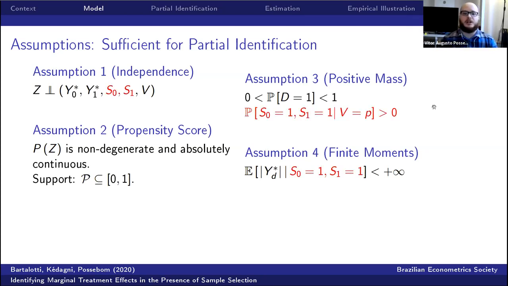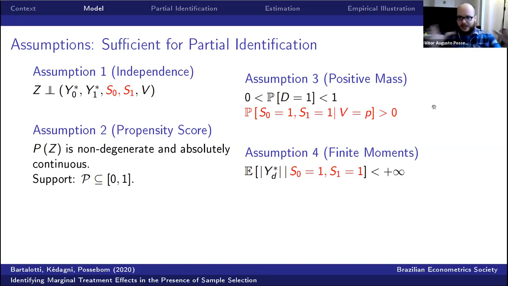And let's cover those new things here. So we assume that the instrument Z is independent from all outcome variables and from the latent heterogeneity variable. We also assume that the propensity score is a continuous variable. That's important for us because we'll take derivatives with respect to the value of the propensity score.